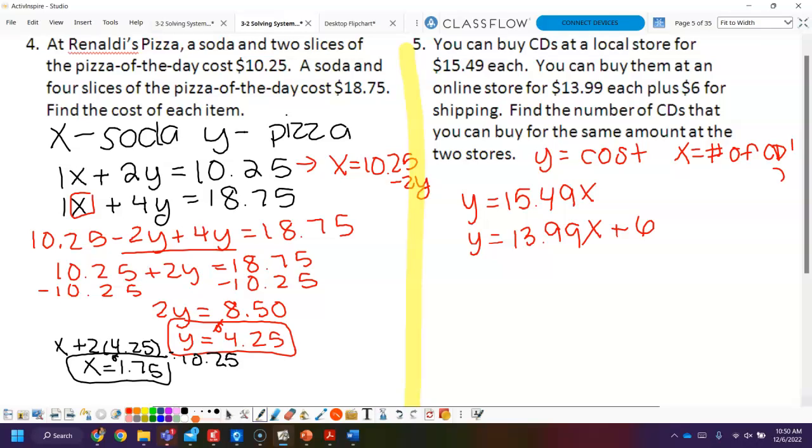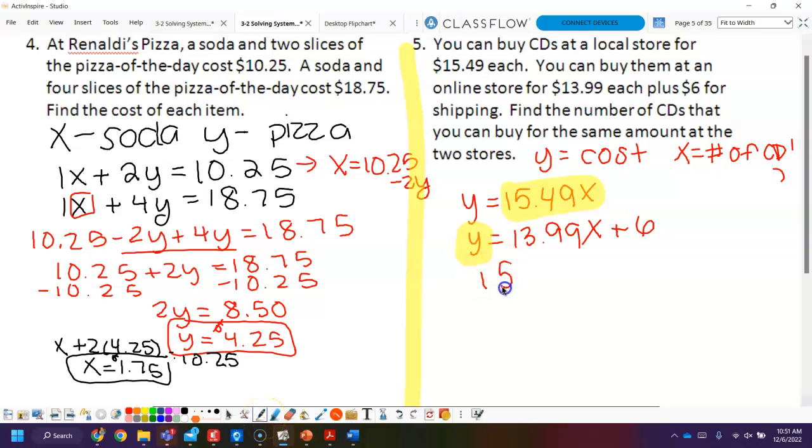So if I want to know when online and in store cost the same, we're going to set them equal. Right now, both are set up with y equal. So this is still a substitution problem in the sense that you are going to substitute this y with that equation. We're just going to replace it.